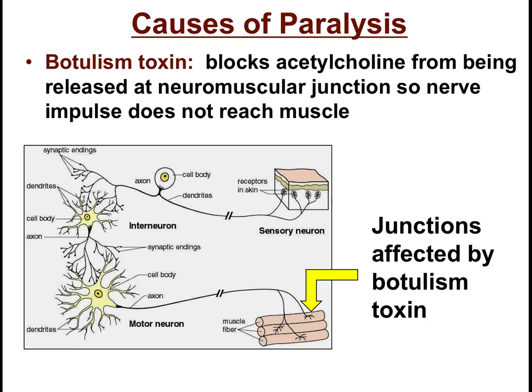That nerve impulse reaches the end of the line at the end of the motor neuron, and instead of acetylcholine being released from the axon of that motor neuron, crossing the neuromuscular junction and binding to the receptor site on the muscle fibers, instead of that, the acetylcholine is not released. And when it's not released, the muscles never receive word to contract. It results in paralysis. Those muscles just don't contract.